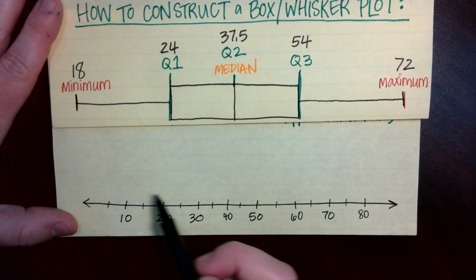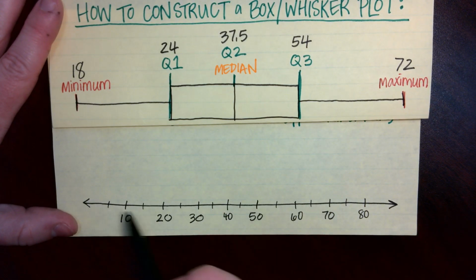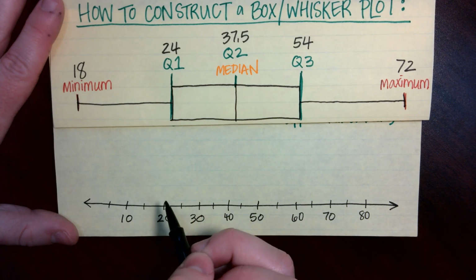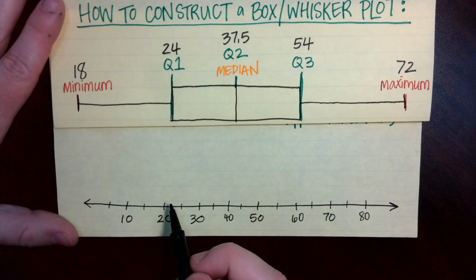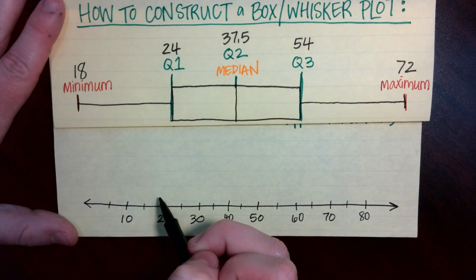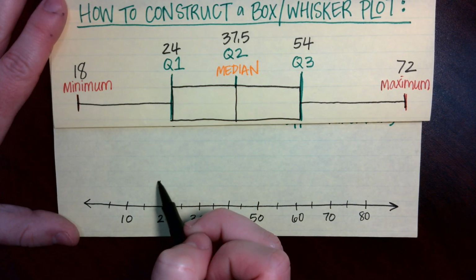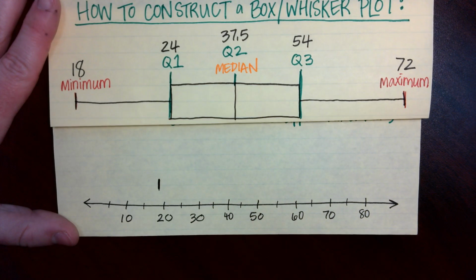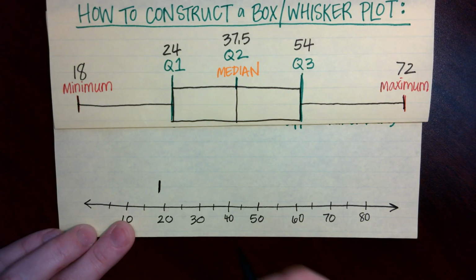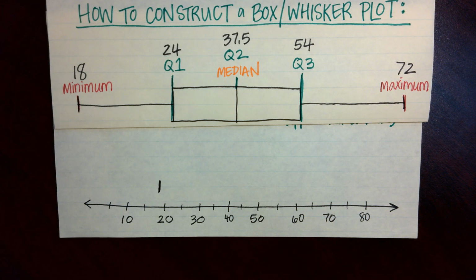Where on my number line should I be drawing my minimum? By 20. Yeah, it's at 18. So here's 15, here's 20, somewhere in there. So I'm going to just do this. There's my minimum, 18. Okay. And then where's my Q1?